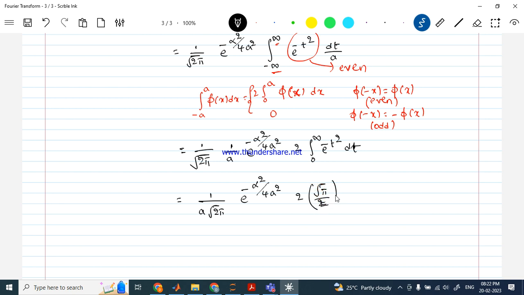See, in this problem we have not done the integration even in a single step. But we are actually reducing the integral to the standard form with the substitutions and the completing the square method, and we substituted the value of this integral. The 2 and 2 will get cancelled, root pi and root pi will get cancelled, so we will just end up with 1 by a square root 2, e power minus alpha square by 4a square. That's all.